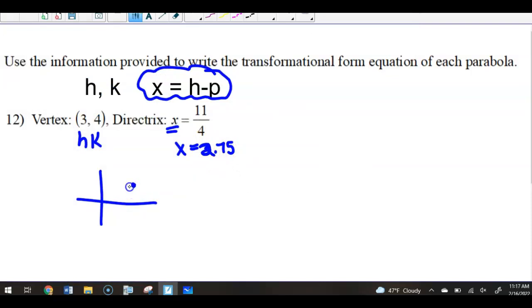Just before you get to 3, there was a line crossing here. So the distance between those, I can tell you right now, p is going to be 1/4, and it's going to open to the right.